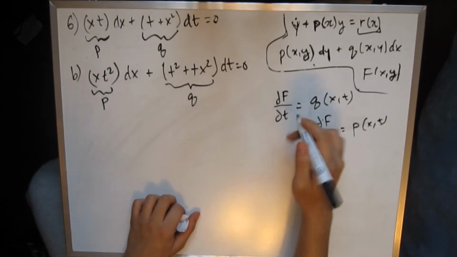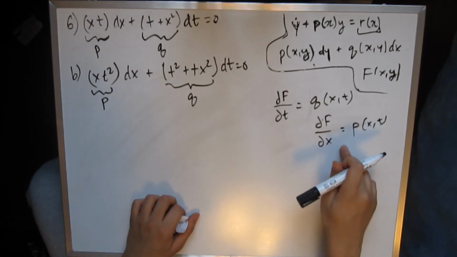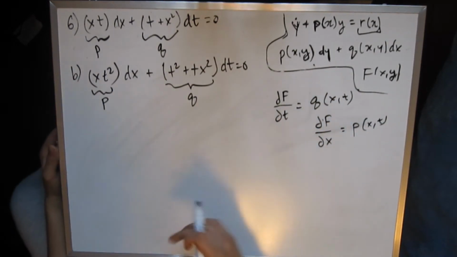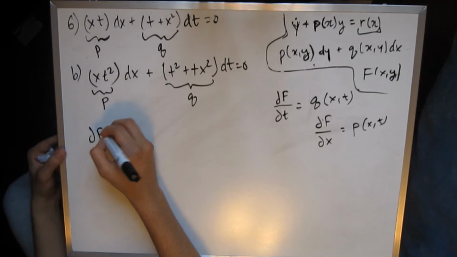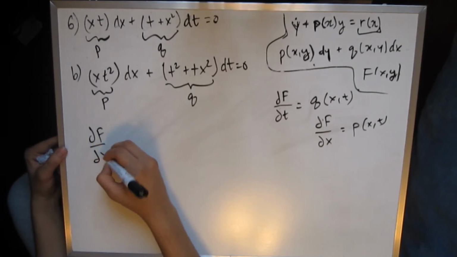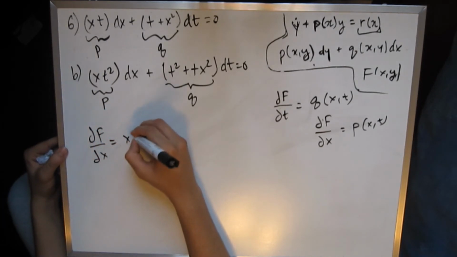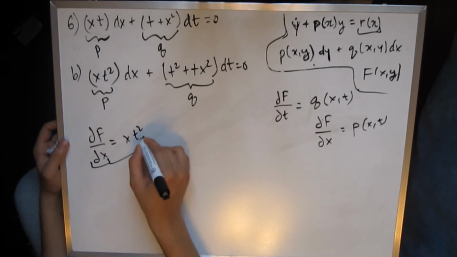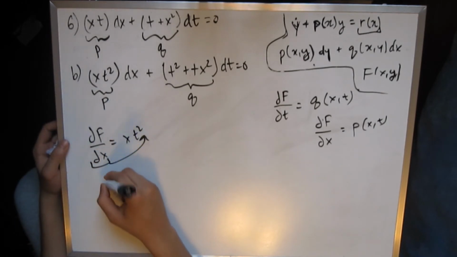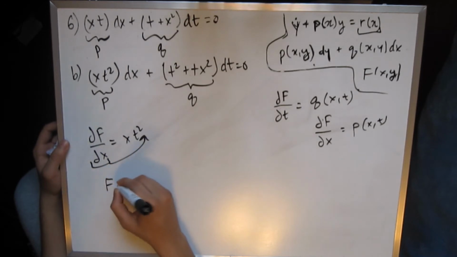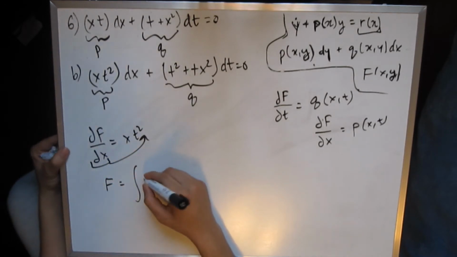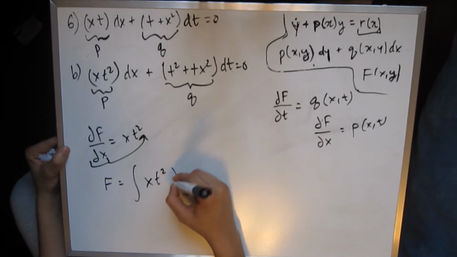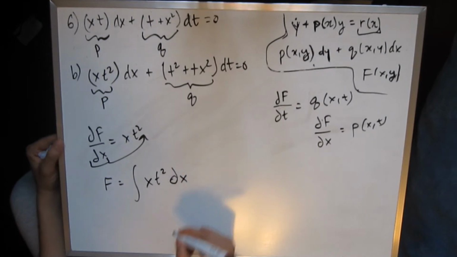I'm going to first take this equation and this one and solve for a partial equation for f. So we'll get the partial of f with respect to x is equal to xt squared. Take this to the other side and integrate both sides. So you're going to get f is equal to the integral of xt squared dx.